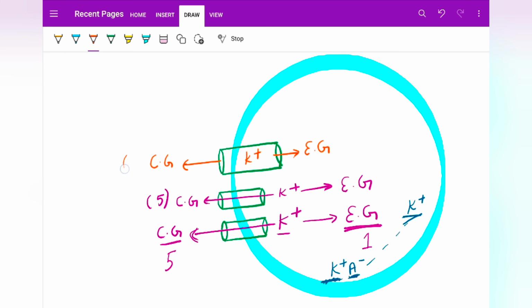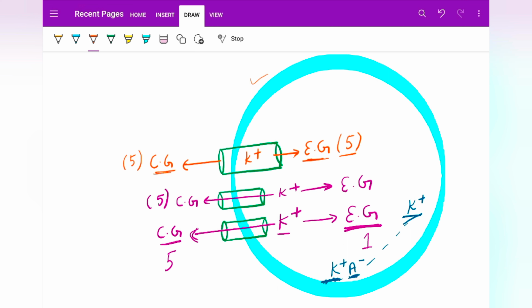Now if the concentration gradient is 5, this has also become 5. So at equilibrium, there will be no net movement of K plus. Despite the fact that the membrane is still permeable to K plus, there will be no net movement of K plus across the membrane, because the concentration gradient which was taking K plus outwards has become exactly equal to the electrical gradient which was holding it inwards.